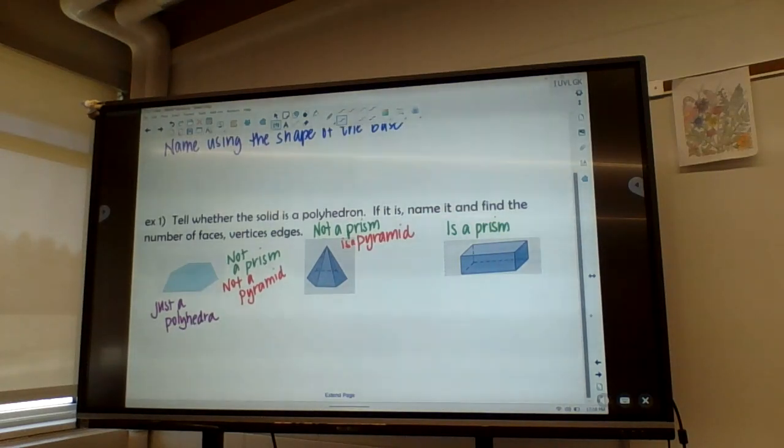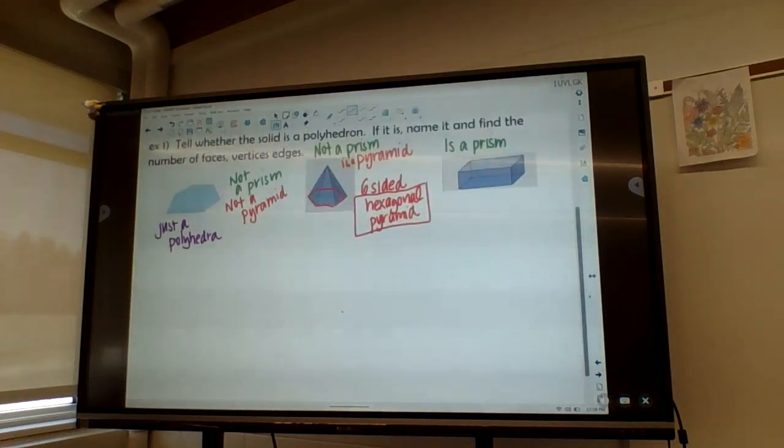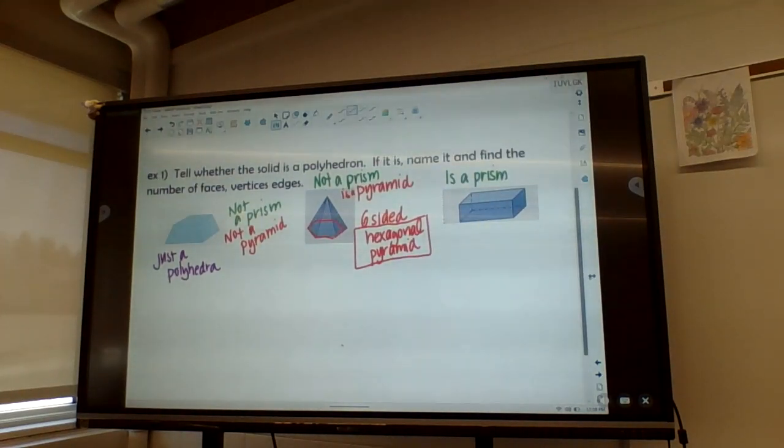Whereas the second one there is a pyramid, but we look at the bottom of it, and this is a six-sided shape on the bottom, which is a hexagon. I won't make you name these, so we call this a hexagonal pyramid. So its name is based off the shape on the bottom. So it'd be a hexagonal pyramid.